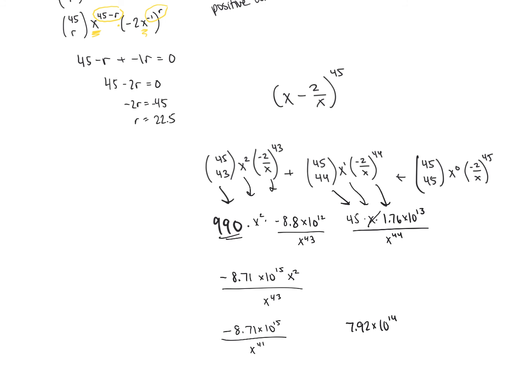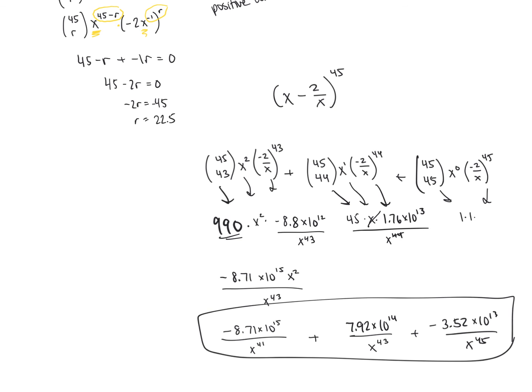And then this x is going to cancel with one of those x, so over x to the 43. And then finally, this is 1 times negative 2 to the power of 45, and we get negative 3.52 times 10 to the 13 over x to the 45.